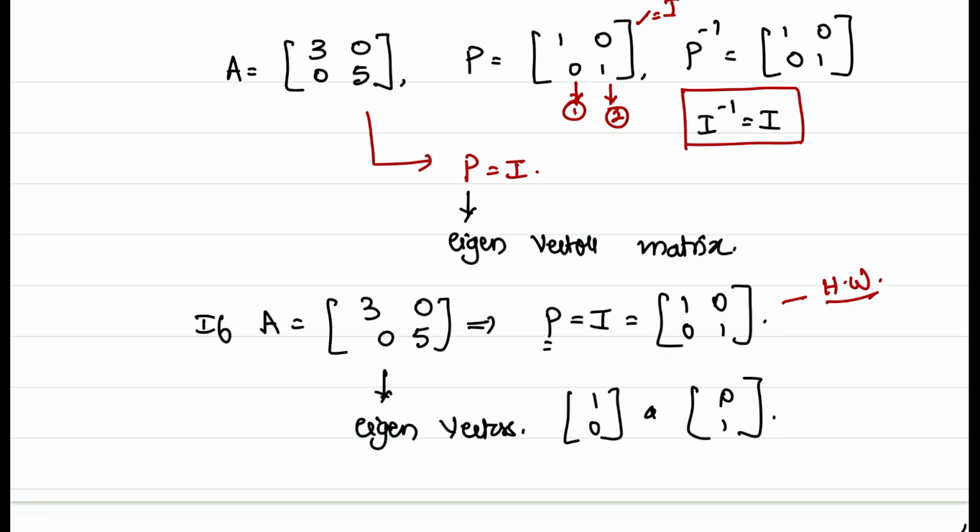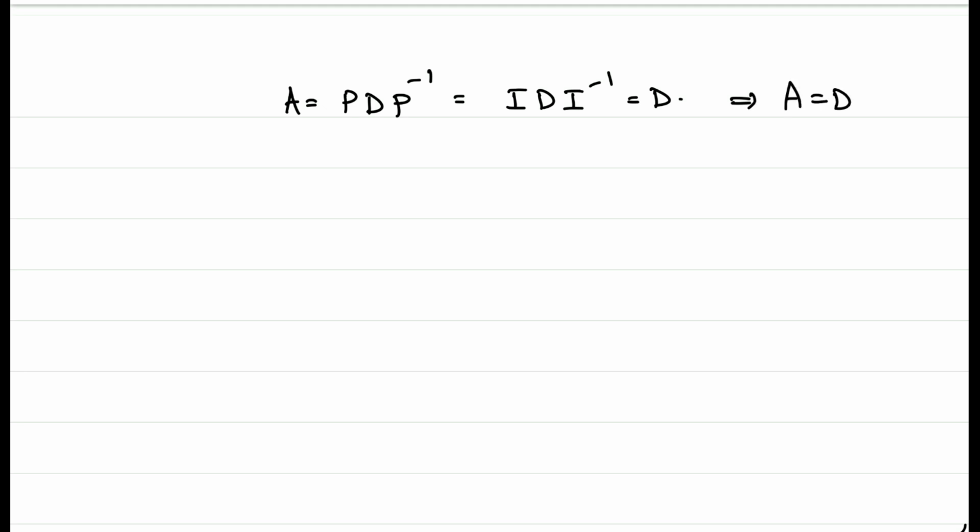Okay. Then for diagonalization, A is equal to P into D into P inverse, that is I into D into I inverse, that is equal to D. That means A is equal to D. That means the diagonalized eigenvalues matrix is equal to A itself.